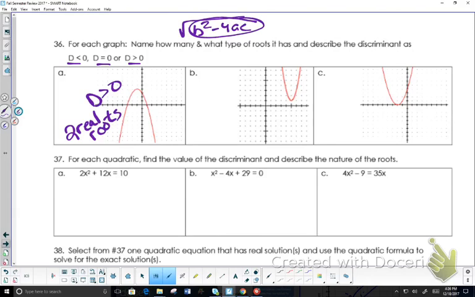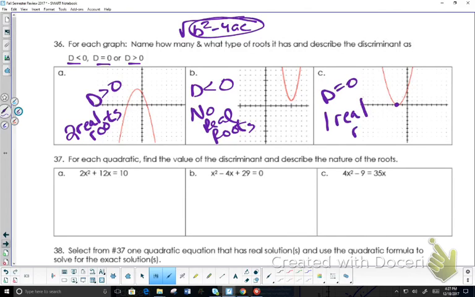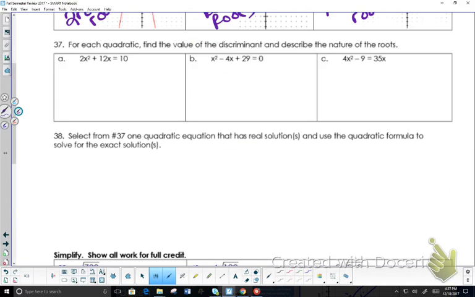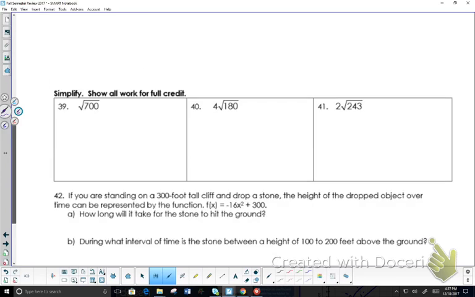So then here is where D is less than 0. You will have no real roots. And that would be that scenario when we had the square root of something negative, and our calculator told us non-real solutions. And then if the vertex actually sits on the x-axis, that's where D equals 0, and you would have 1 real root.